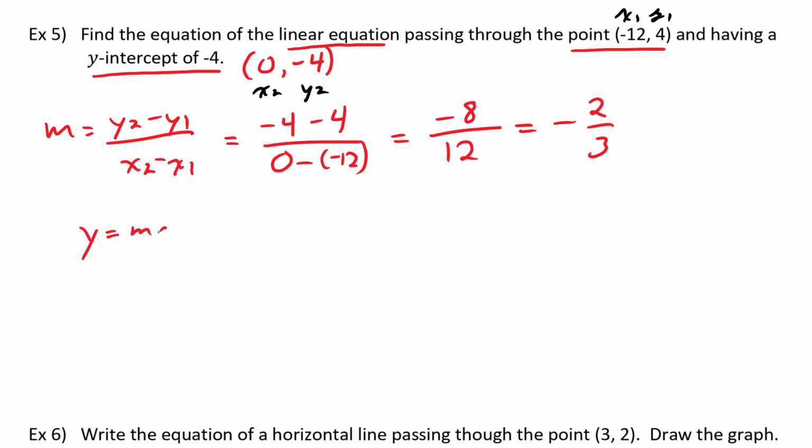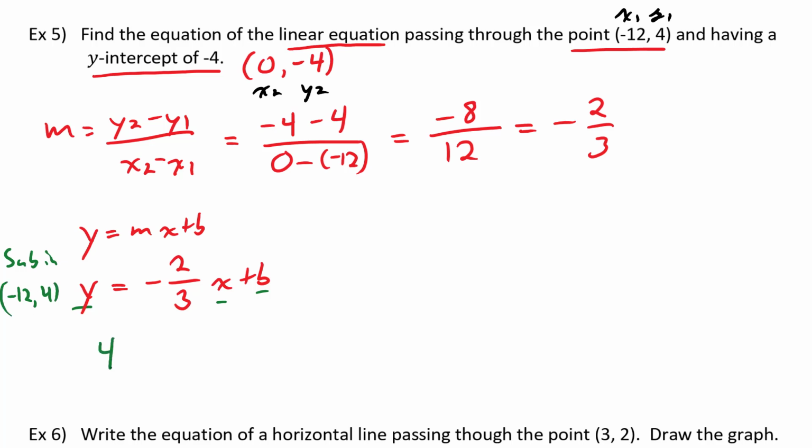Using our formula, y equals mx plus b, we can substitute in our slope for m: y equals -2/3x plus b. What we now want to do is solve for b. I need to sub in something for x and y. Let's sub in our point (-12, 4). 4 goes in here, -12 over there.